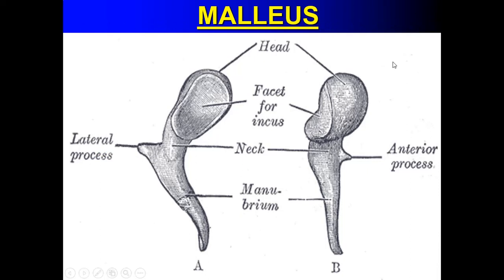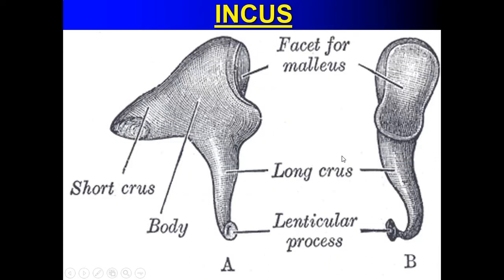The malleus has a head which has a facet where the body of incus is attached. It has a neck, a lateral process, the handle of malleus or manubrium, and an anterior process. Whereas an incus has a body which has a facet where the head of the malleus is attached, a short process, and a long process.